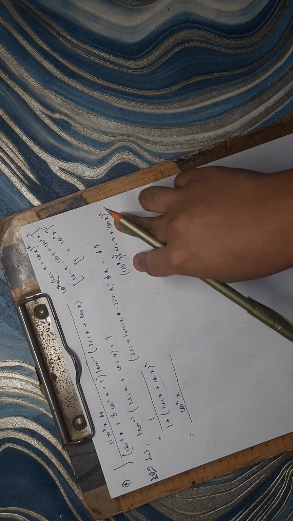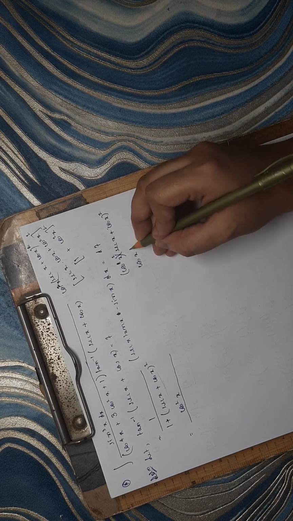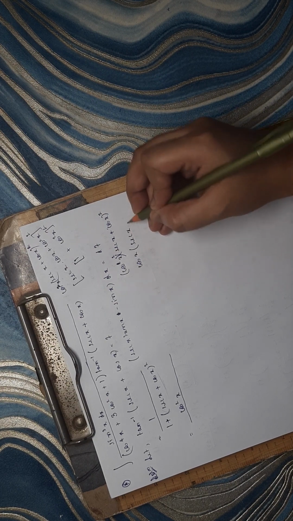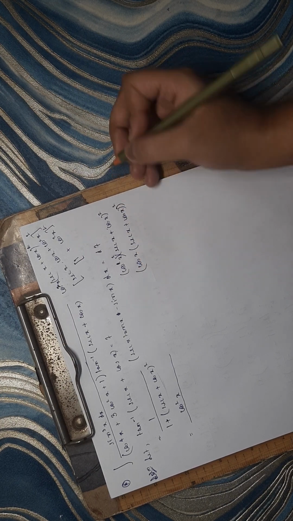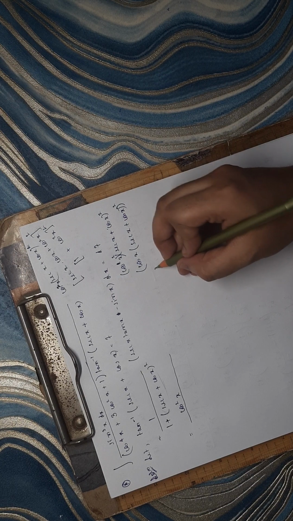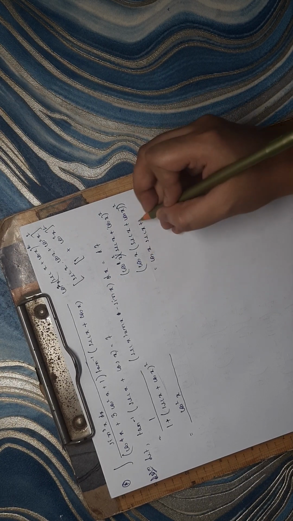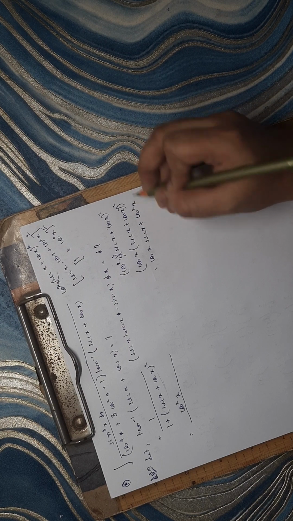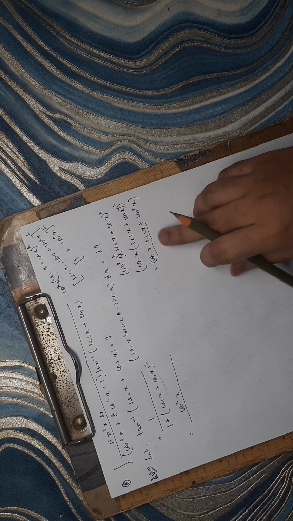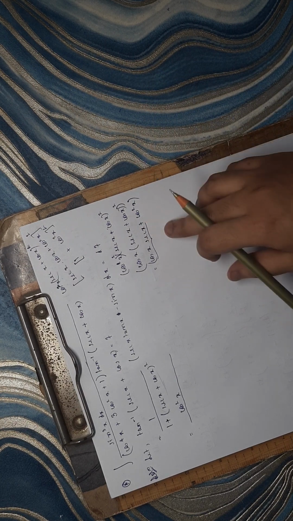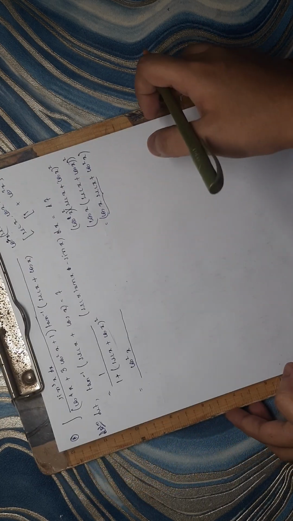If I want to club them together, I can take cos x and in the bracket write sec x plus cos x, and then take a whole square. Now I can simply multiply this and get the part. This becomes 1 as sec x is 1 by cos x and gets cancelled. I hope you understood this.